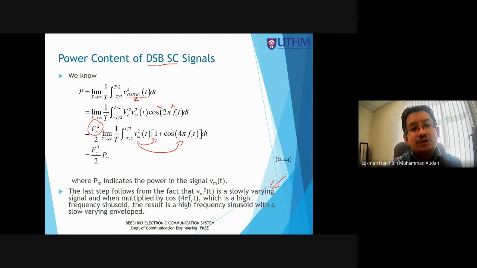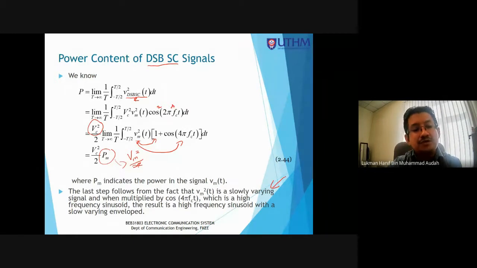Okay, so kamiran Vm square actually ada R. Actually kita ada R di bawah. So kita akan dapat kuasa, the power of the message, the power of the input message, which is Pm. Okay, so again Pm, kalau diterjemahkan dia sebenarnya adalah Vm square. Okay, kalau nak buat dalam sebutan peak value, Vm square dibahagikan dengan 2R.